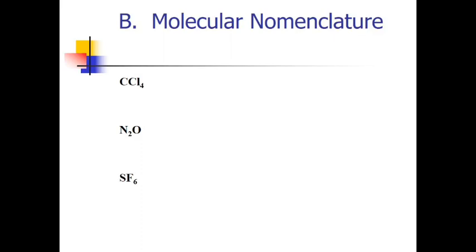CCl4, again, it is a binary compound. There's only two elements, and those elements are carbon and chlorine. So carbon is the first one. There is only one atom of it, because again, it's an understood one that's right there. You drop the mono prefix. But with our chlorine, there are 4 of them.